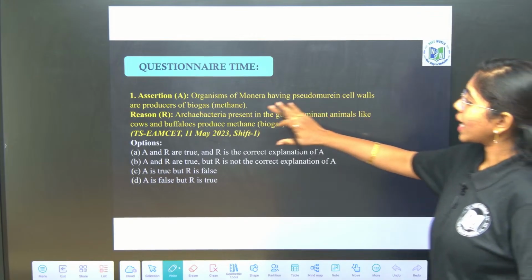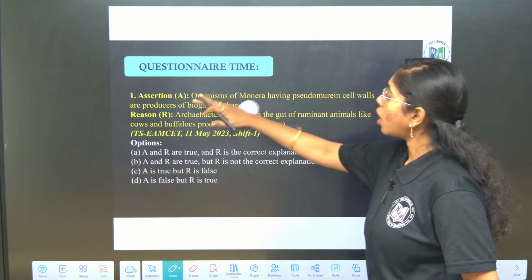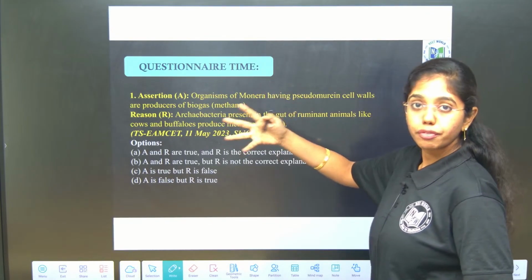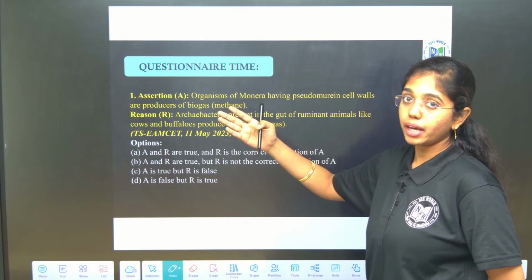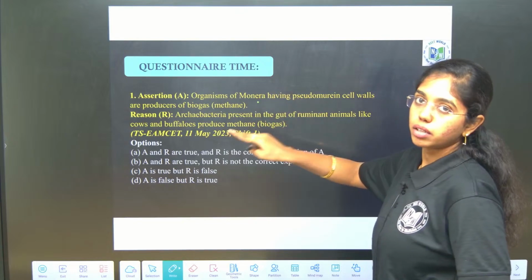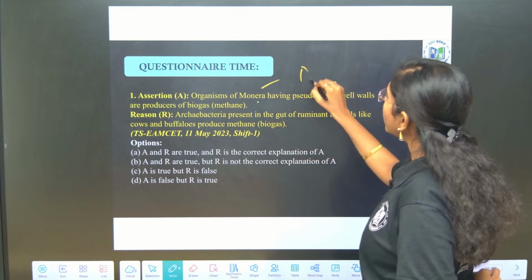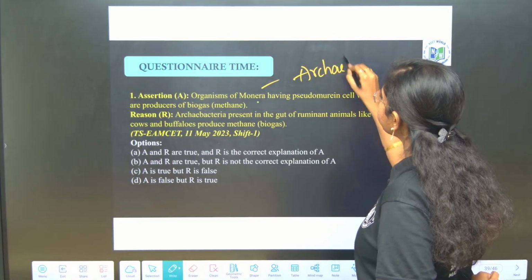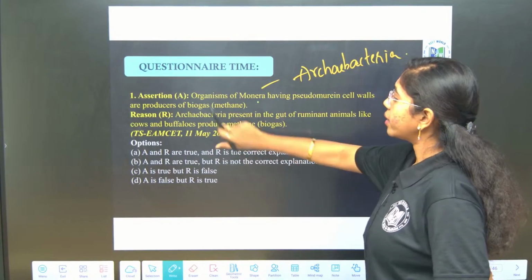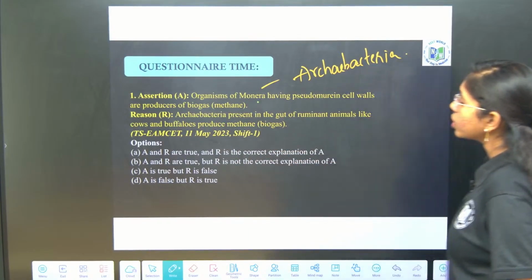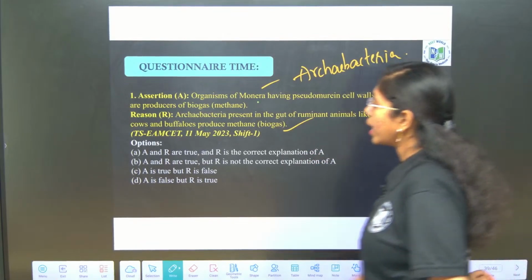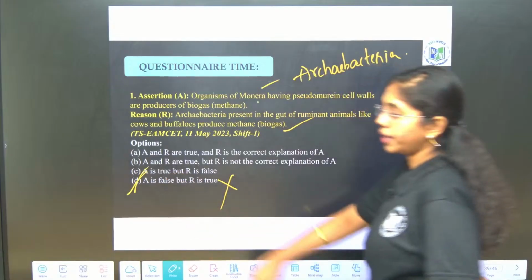Look into it again, organisms of Monera. It is not all the organisms under Kingdom Monera. It again has different groups like Archaebacteria, Eubacteria, Mycoplasma, Actinomycetes. So, not all organisms are producers of biogas. It is only Archaebacteria which produces the biogas. In the reason, Archaebacteria present in the gut of ruminant animals like cows and buffaloes produce methane. So, here A is false and R is true, option D.